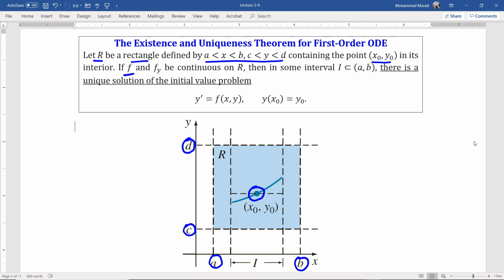If f and f sub y are continuous on R, then in some interval I contained in the open interval a to b, there is a unique solution of the initial value problem. Here f sub y stands for the first partial derivative of f with respect to y only.